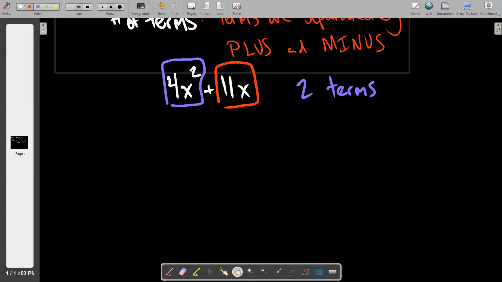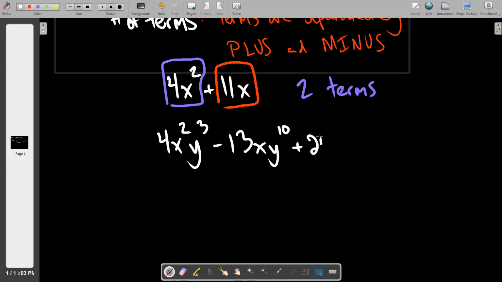How about this one? It has three terms. Good. And we can make these look as confusing and weird as we want to.